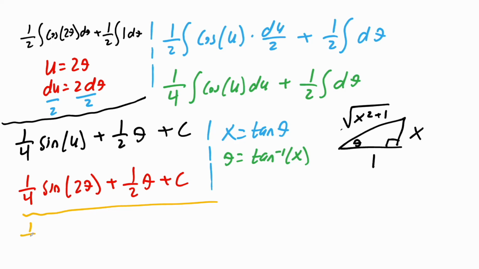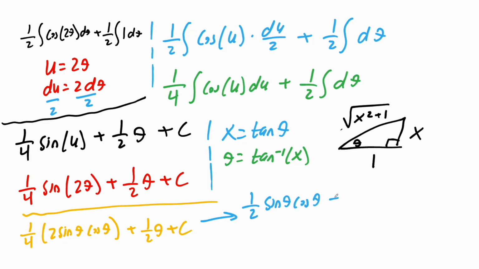So let's rewrite that: 1/4 parentheses 2 sine theta cosine theta, close it, plus 1/2 theta plus c. Alright, so let's continue on. 1/4 times 2 will give you 1/2. So we have 1/2 sine theta cosine theta plus 1/2 theta plus c.